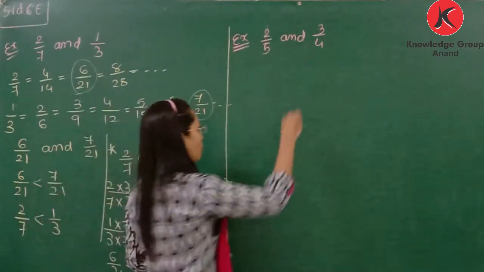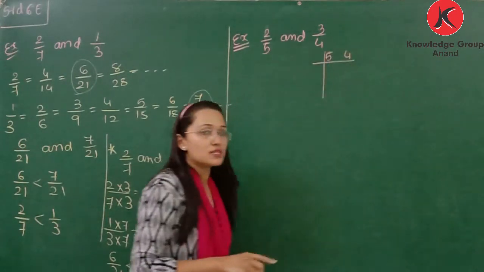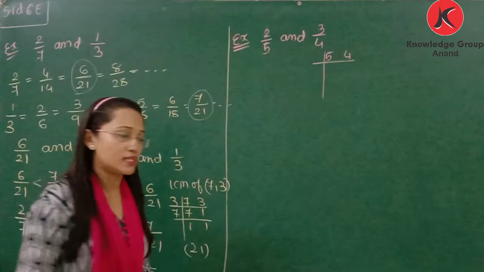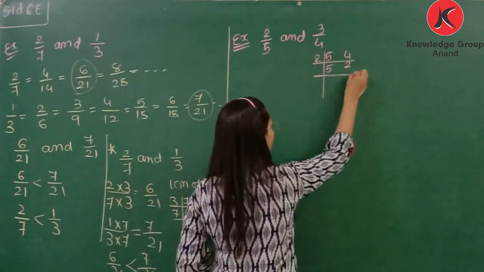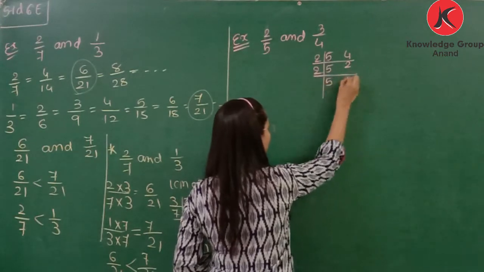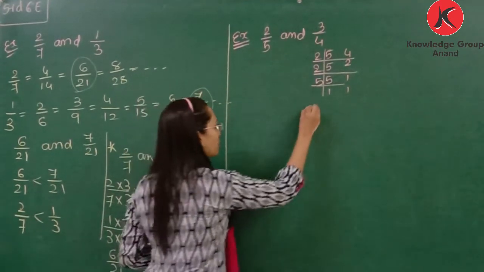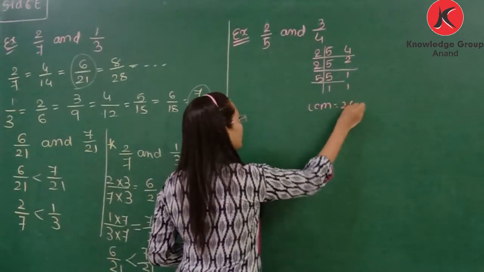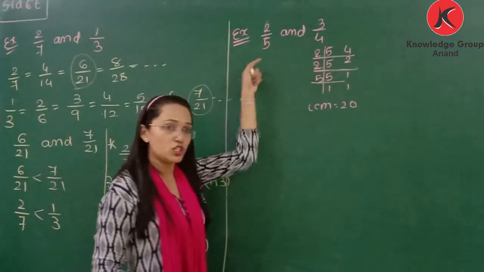What is the LCM of 5 and 4? Revise all concepts of HCF and LCM. So first of all we start from 2, then again 2, 5. So the LCM will be 20. It means we get the denominator 20 in each fraction.